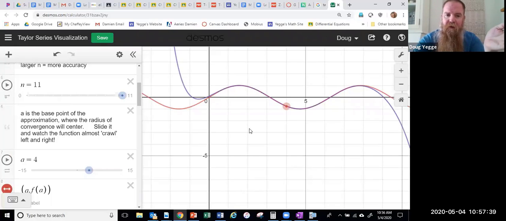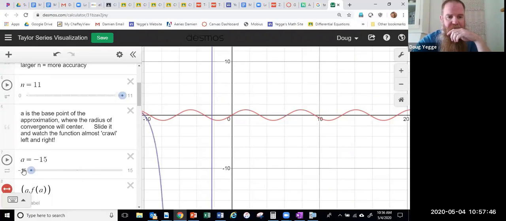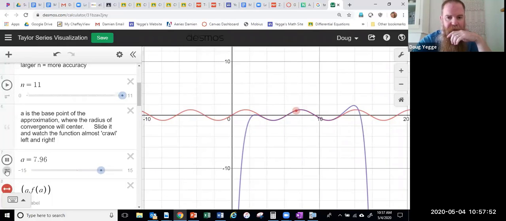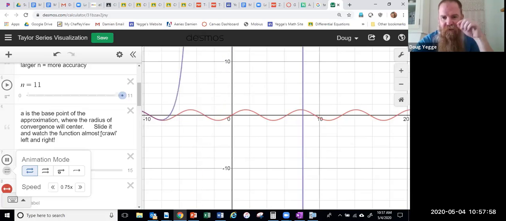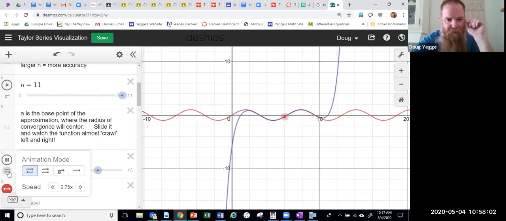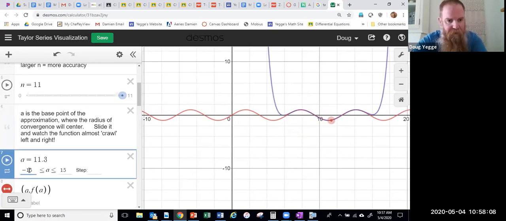So what I'd like to do here is just take a look at this x to the 11th approximation, and play this by showing you what happens as I start moving. Let me slow this down a little bit. Look at how it seems to be crawling across the curve, right? So all I'm doing here, let's slow this down, and let's change this from -10 to 10.